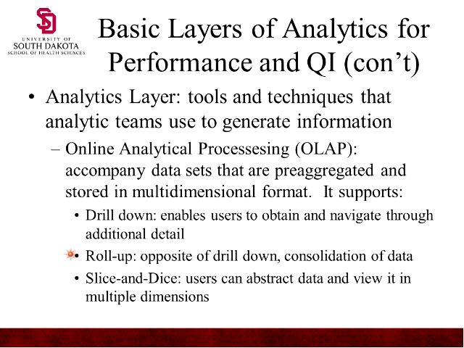And you look at that. Roll-up is a little different. Roll-up is the opposite of drill down. It's a consolidation of data. So you look at not just one person or a small group, you look at the hospital as a whole. Our hospital compared to hospital B has this comparison as far as this data. Then slice and dice. Sometimes you'll see those in what are called pivot tables in Excel worksheets.